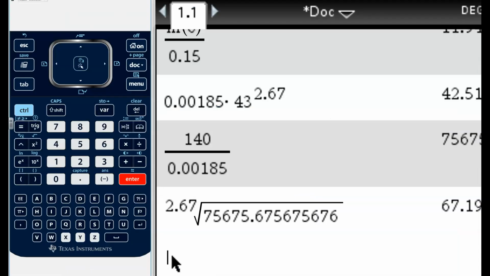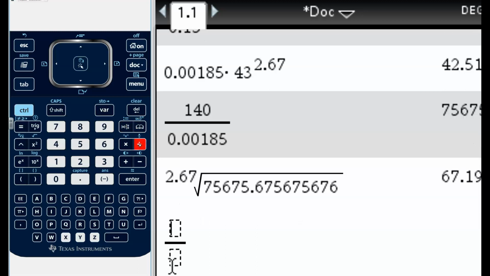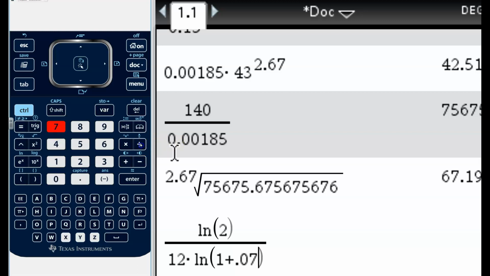So we hop over to the calculator. I'm going to get a big fraction bar because this thing is ugly. We have the natural log of 2 over 12 times the natural log again of 1 plus 0.07 divided by 12.